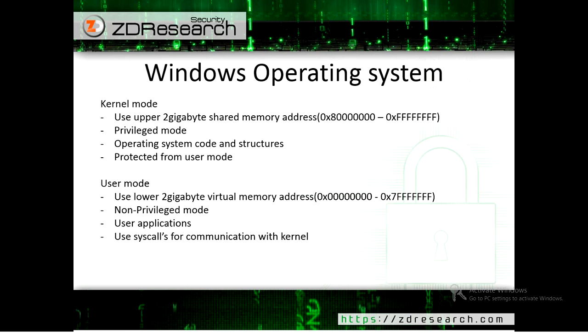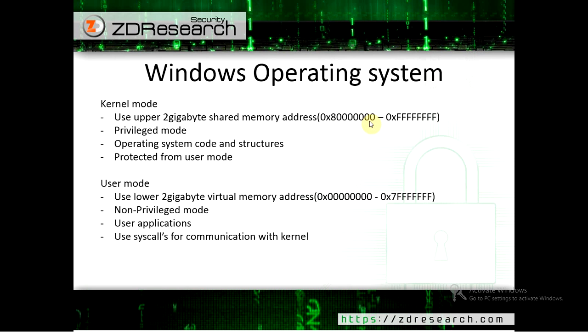Windows operating system is separated into two main modes: kernel mode and user mode. Kernel mode uses the upper 2 GB of memory address as indicated here, and it's a privileged mode. It means that when you are in kernel mode you can do everything with the system, with a personal computer or any kind of computer.